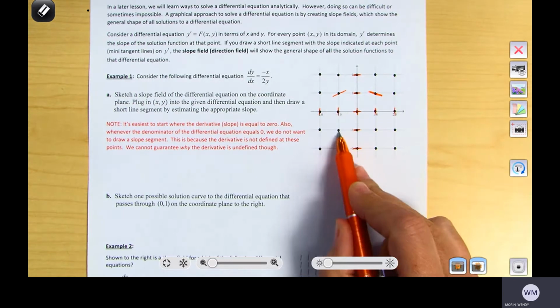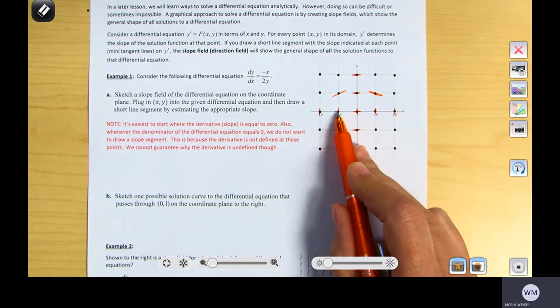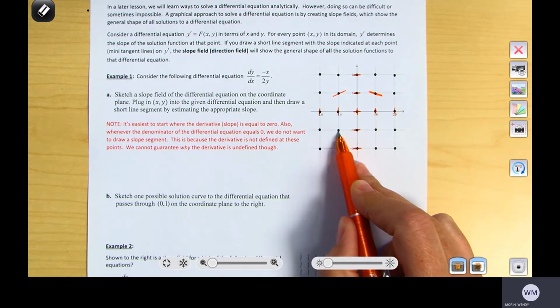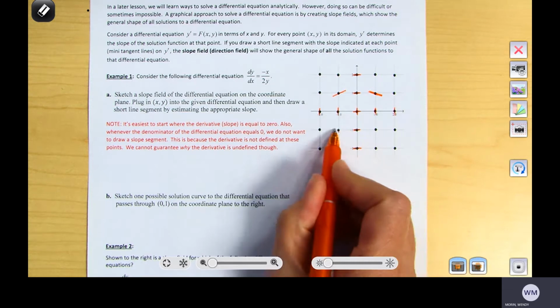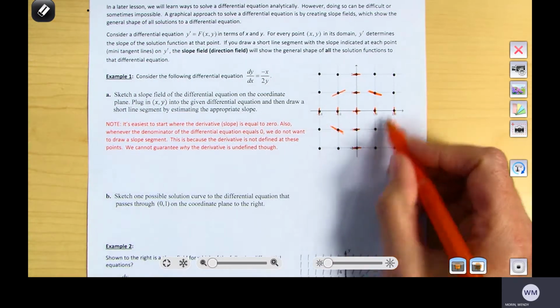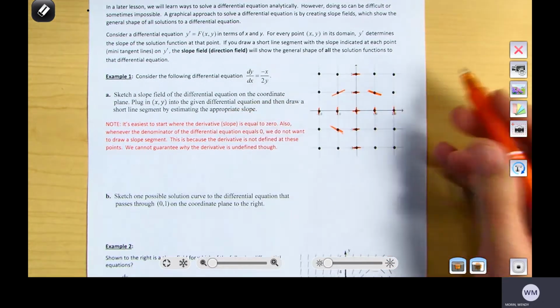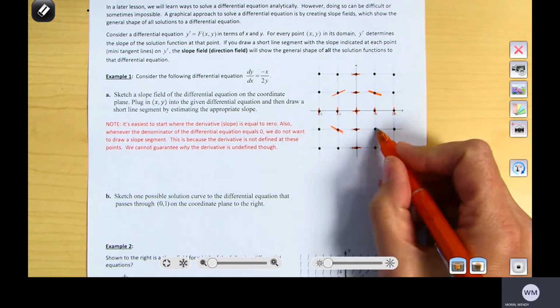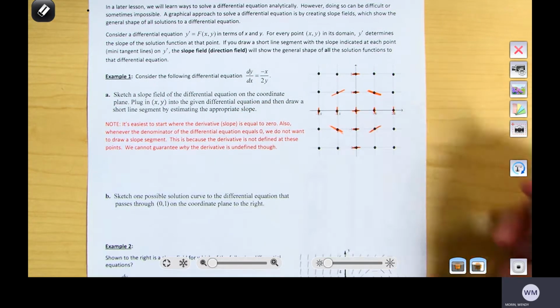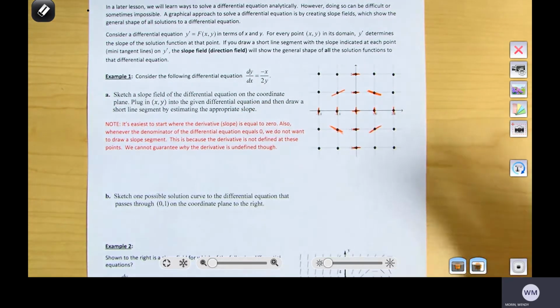If you plug in this point right here, that would be (-1, -1), you're going to get a -1/2 slope. So you can go through and plug in every single one of these points for x and y and figure out what the slope of the tangent line would be. That might take you a little while.